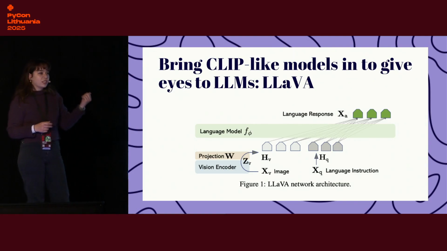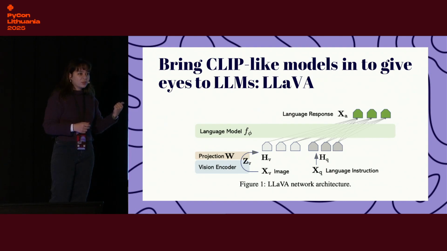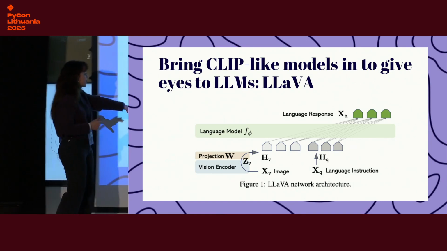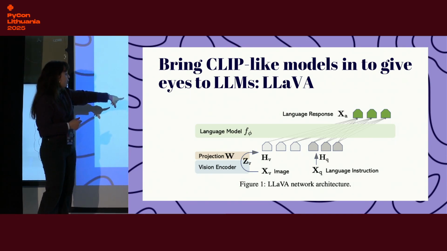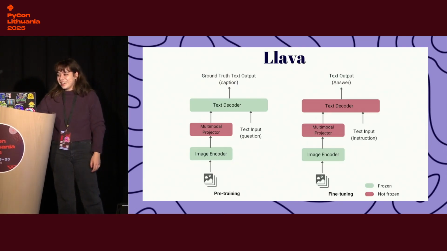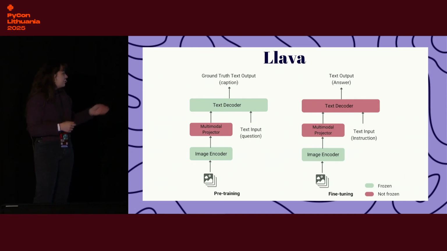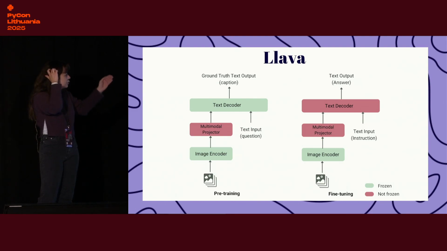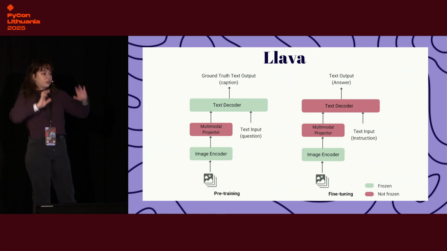And CLIP-like models are used in this type of models. The first model that was successful, reproducible and open source was called LLaVA. And the LLaVA model basically takes in a vision encoder, just like the one in CLIP, and then an LLM, and connects them using a projection layer, for the machine learning practitioners. Basically during the pre-training phase, it freezes the image encoder and text decoder, and only trains the multimodal projector, so it kind of understands how the text is related to the image.